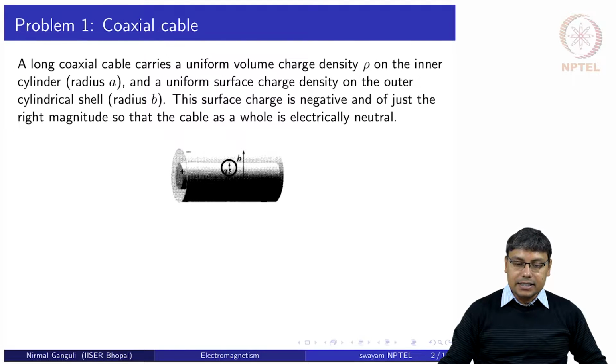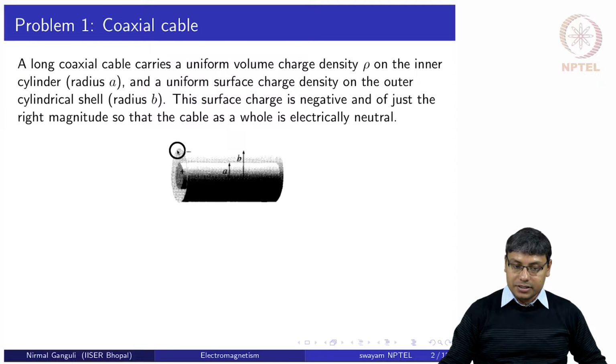For the inner cylinder, the radius is A, and the outer shell has radius B. We have a uniform volume charge density rho on the inner cylinder of radius A, and a uniform surface charge density on the outer cylindrical shell.